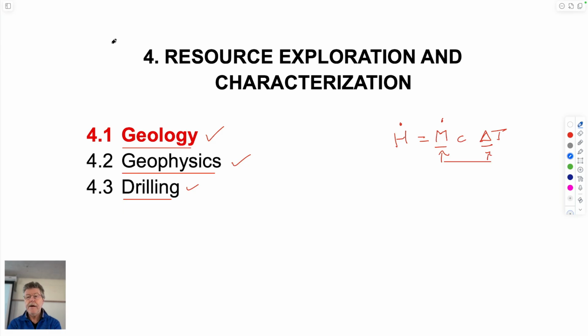We talked about how the temperature change is controlled by our access to the reservoir and the surface area or heat transfer area in the reservoir. We talked about how our mass flow rate was related to permeability and the limited pressure gradients that we could apply.